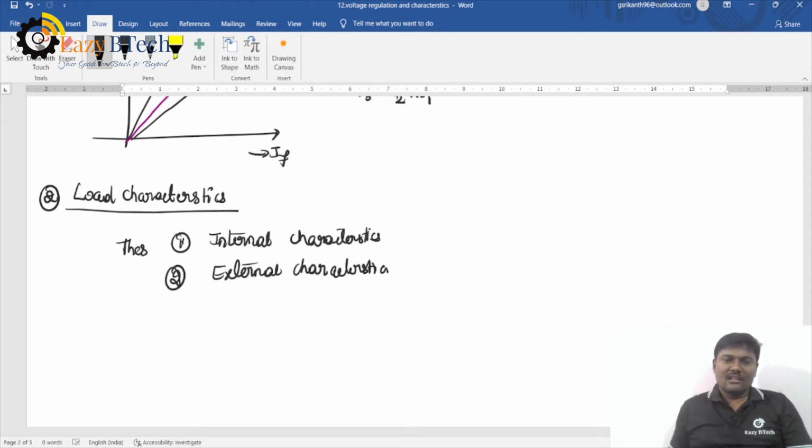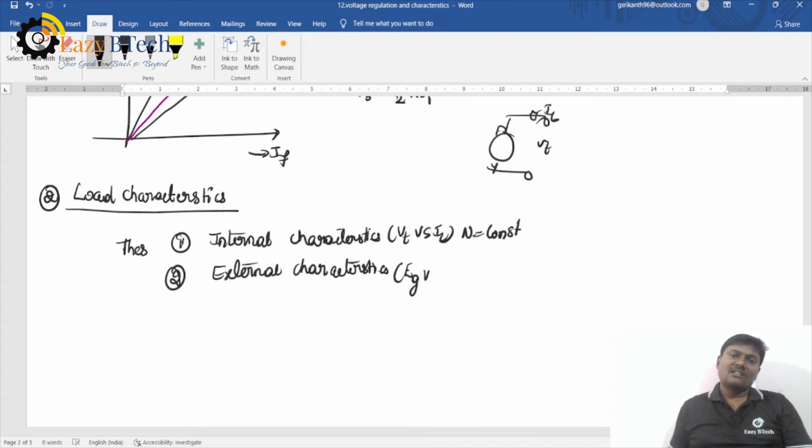For the external characteristics, if you take the armature, the external terms are terminal voltage and load current. So the curve is between Vt versus IL, with the speed maintained constant. For the internal characteristics, we draw Eg versus Ia.